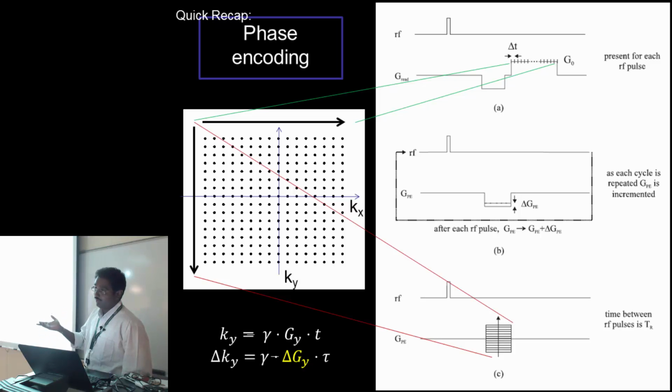Both are phase encoding basically in the strictest sense, because both are gamma bar times g times t. One is delta g times tau, and the other one is g times delta t. So both are still just sampling the phase, the vector summation of the signal phase as a function of either time or gradient step.